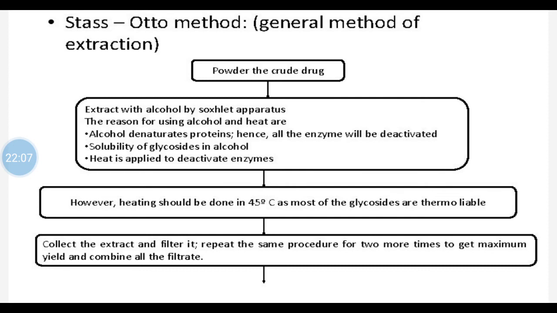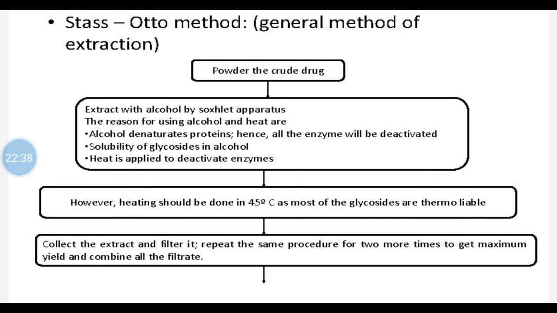The reason for using alcohol and heat: alcohol denatures proteins, hence all enzymes will be deactivated. Glycosides are soluble in alcohol, and heat is applied to deactivate enzymes. However, heating should be done at 45 degrees centigrade as most of the glycosides are sensitive to heat.